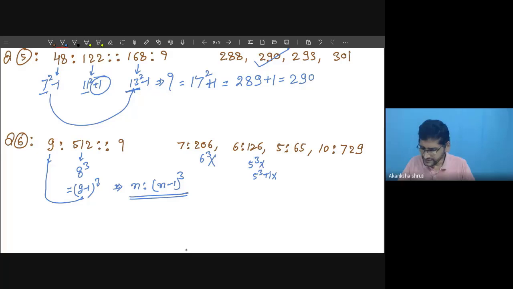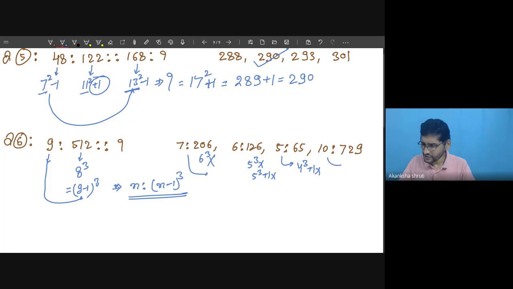So considering this, 5 cube is not followed, and the 4 cube plus 1 is there, so it is not followed. Means in all the cases we are getting cube plus 1.